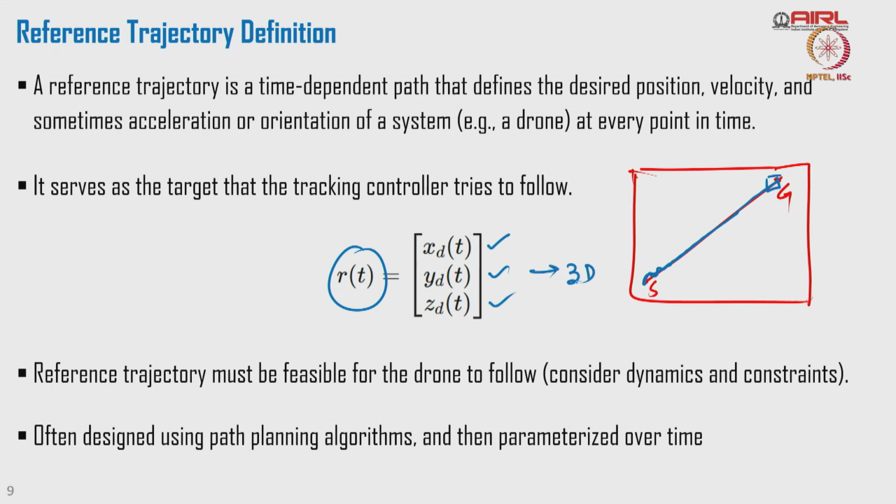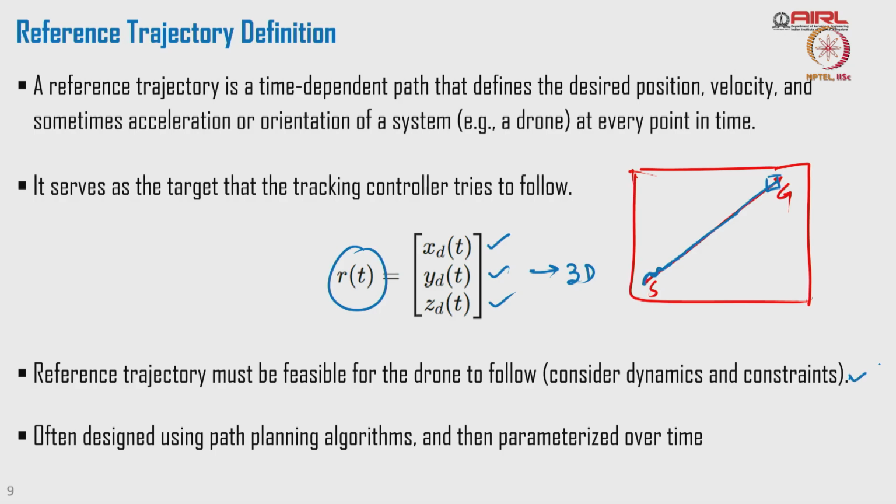Okay. The reference trajectory must be feasible for the drone to follow. What does that mean? If the reference trajectory is designed in a very critical way and the drone does not have the capability or actuation support to follow that particular trajectory, then it is not a feasible trajectory, and predefining that kind of reference trajectory for a drone is not useful.